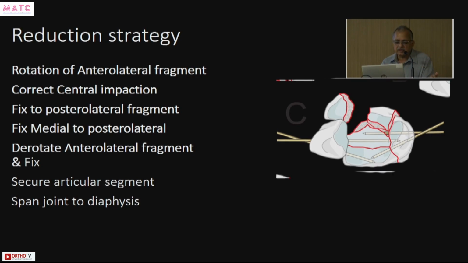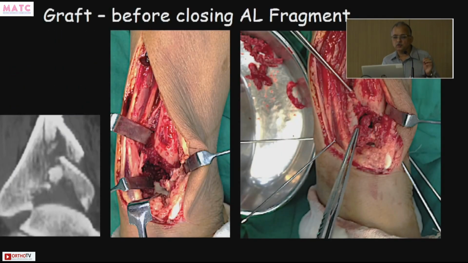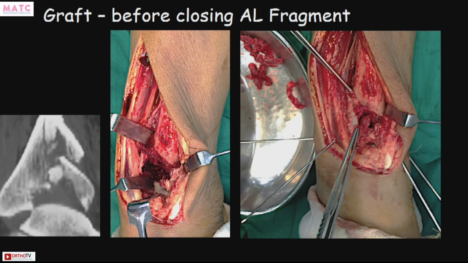Having done that, then derotate the anterolateral fragment, which is the caput fragment, after having corrected and elevated the die punch, and then with multiple K-wires, you secure the articular block so that you get a normal articular reduction, which is aided by C-arm, and then you put strategic lag screws depending on the configuration of the major fragments. All throughout, you have to use a fixator which will keep the ankle in a distracted position.